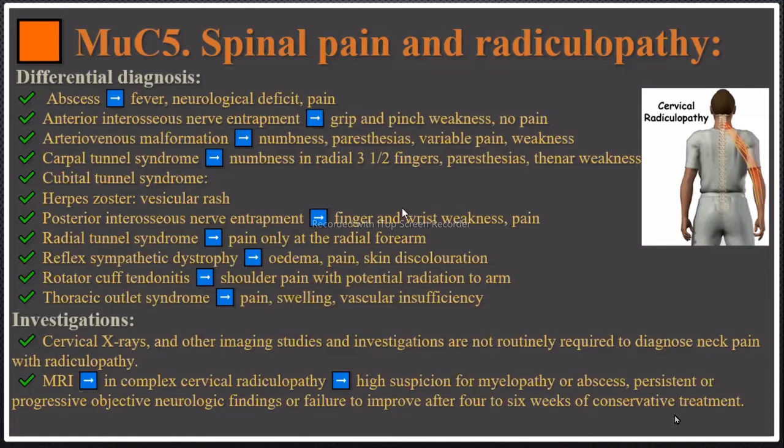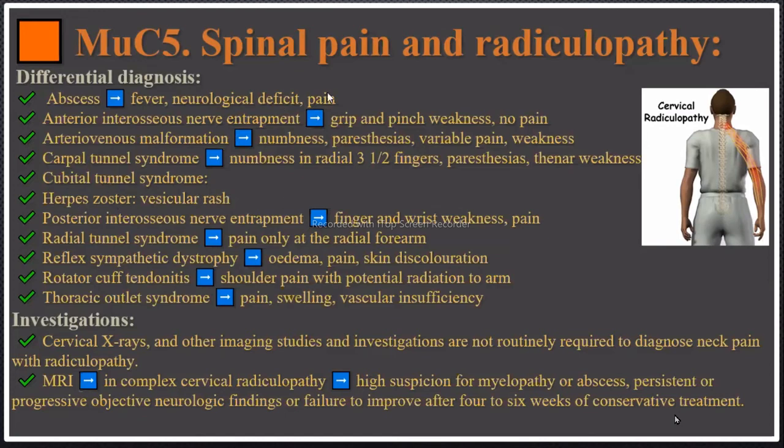Carpal tunnel syndrome will be in the hands: numbness in the radial 3.5 digits, paresthesia, sensory weakness, because the median nerve is not being used. Cubital tunnel syndrome will be in the elbow. Herpes zoster: they will mention the patient has rashes, so think about herpes zoster.